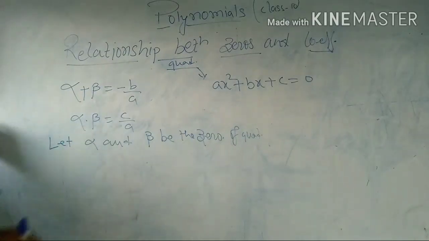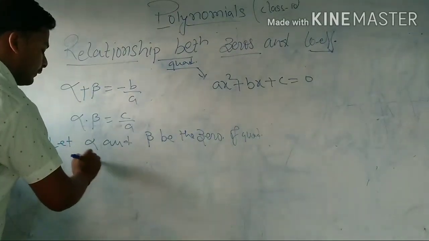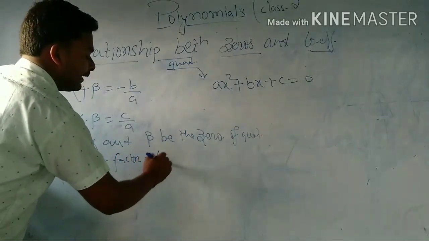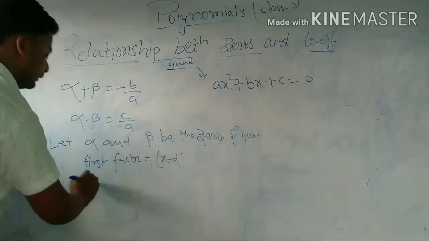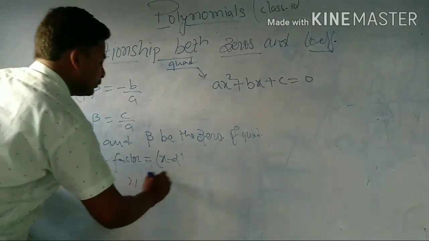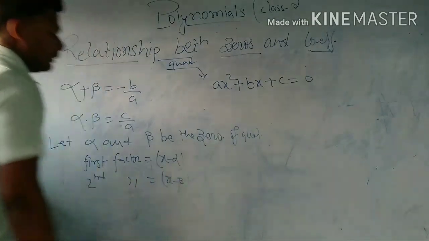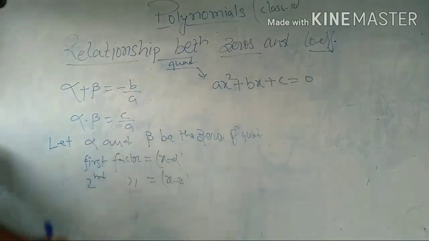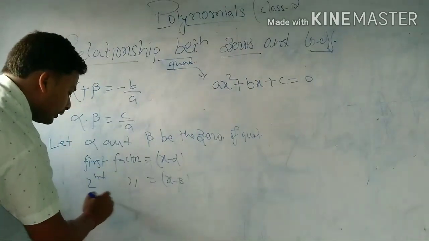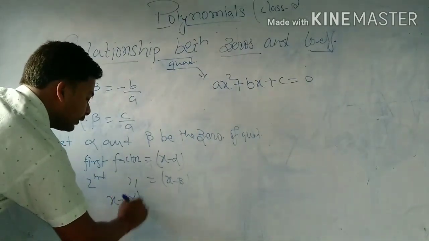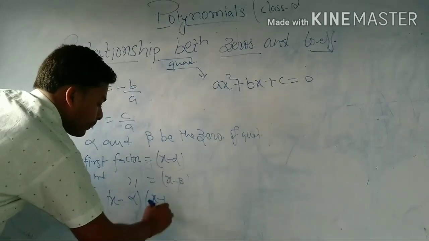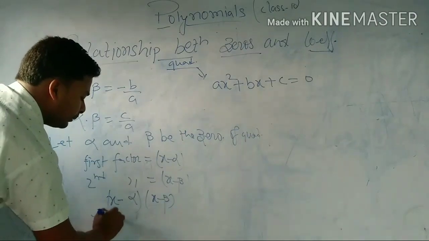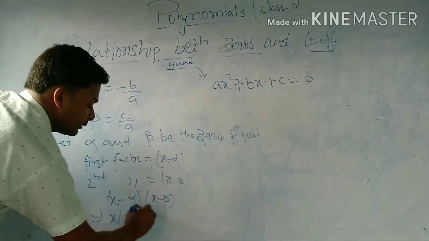Then can we write that the first factor will be equal to x minus alpha, whereas the second factor will be equal to x minus beta. Suppose we multiply them, then finally we will get the quadratic equation. So here we are multiplying to get our required polynomial. This is x minus alpha into x minus beta. If we multiply them, it will come like this.